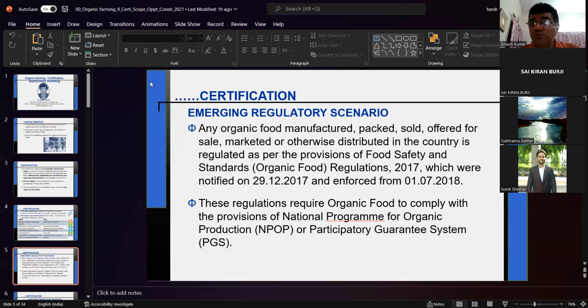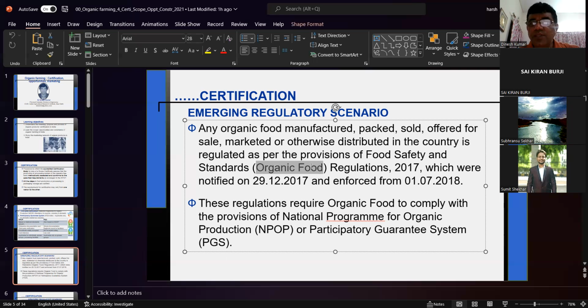So what is that regulatory scenario? I read it for you. Any organic food marketed, packed, sold, offered for sale, or otherwise distributed in the country is regulated as per the provisions of the Food Safety and Standards Regulations.